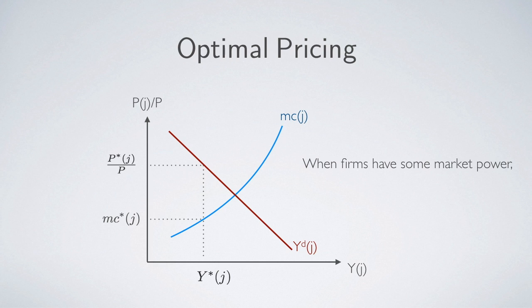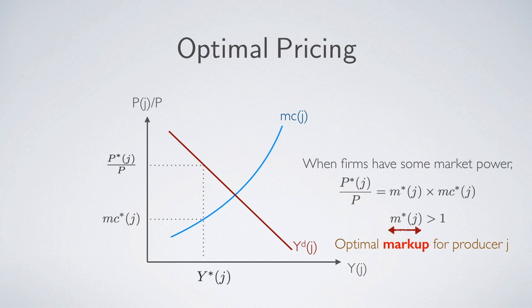In other words, when there is imperfect competition, the price that a firm charges will be some proportion of the marginal cost of production. And normally, this proportion m star will be larger than 1. And this m star represents the optimal markup for this producer J.